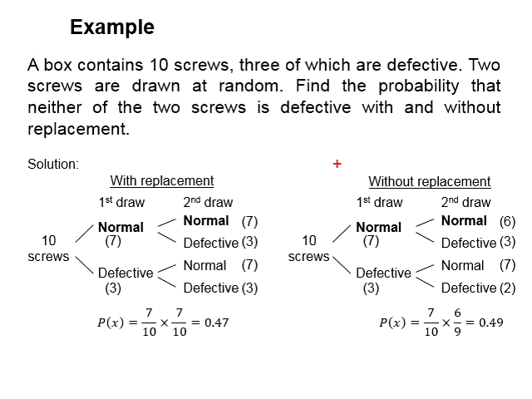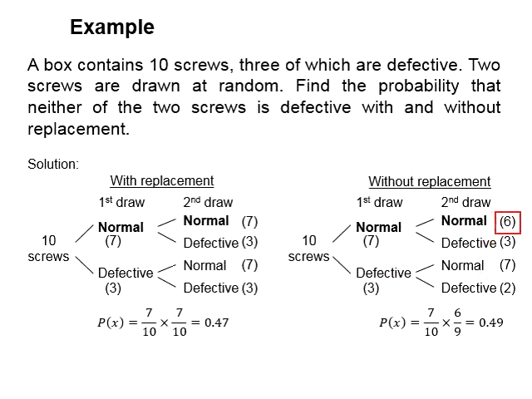In the case of without replacement, you are looking at the normal and the normal screws, so your probability now will be 7 out of 10 and 6 out of 9.